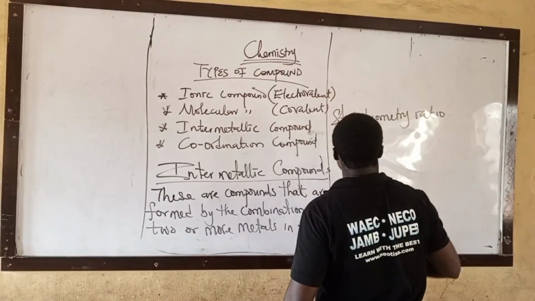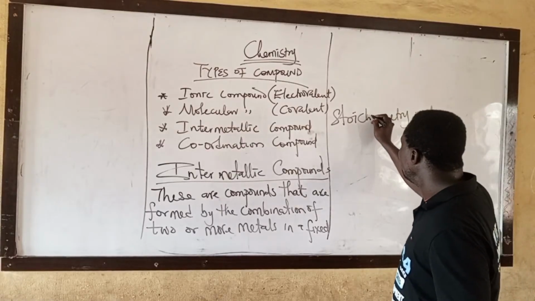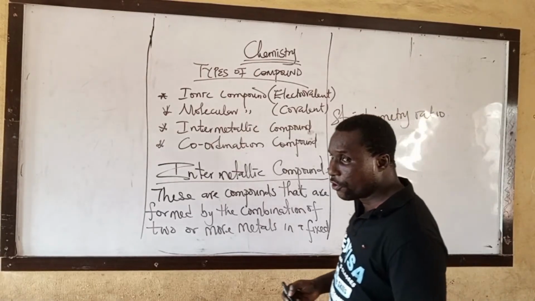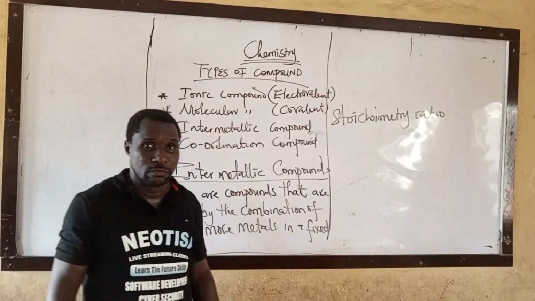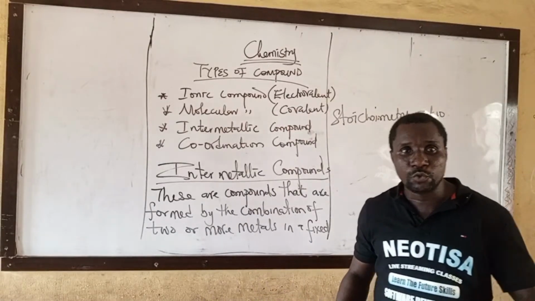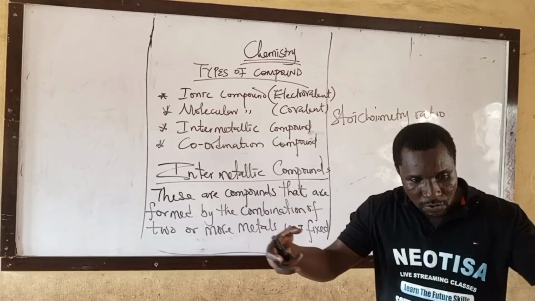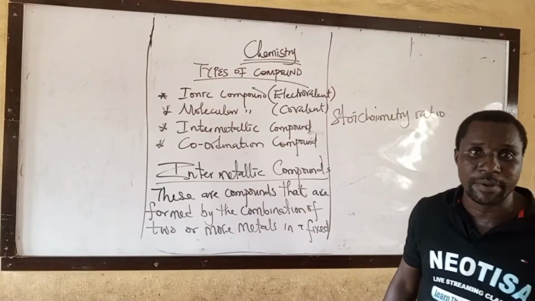In a fixed stoichiometry what? Ratio. Or you can just say in a fixed ratio. That means when you have two or more metals coming together to form a compound, it's known as intermetallic compound.